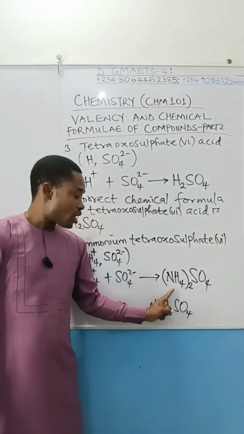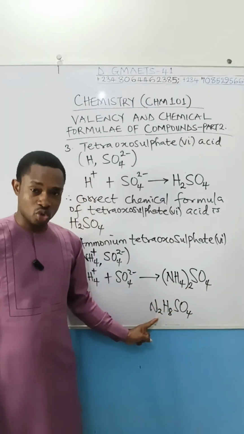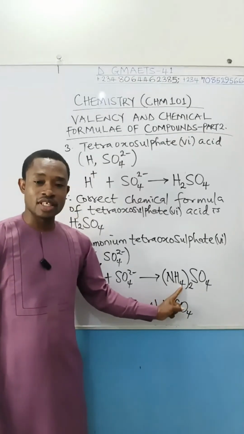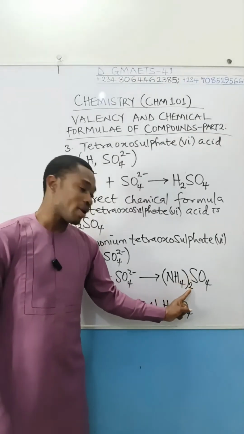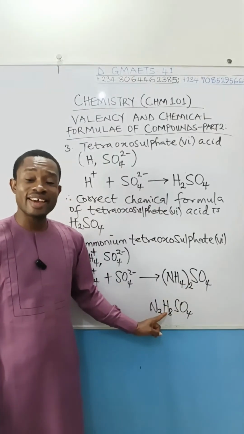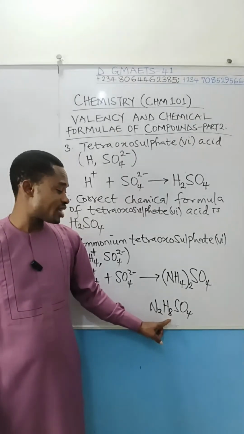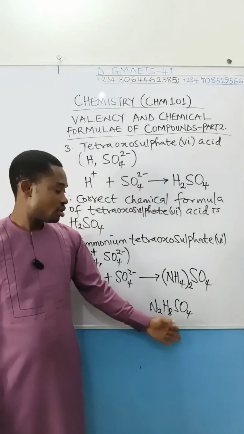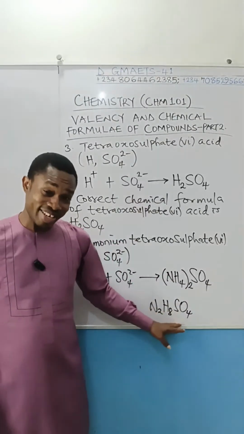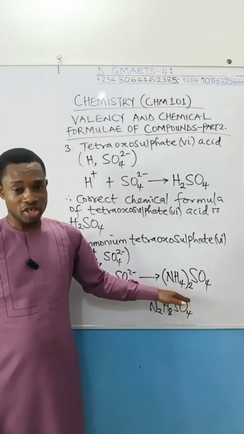That 1 we multiply by 2 to give this N subscript 2. And then this H inside the bracket, the atomicity is 4. It must be multiplied by the number outside, 2, making it 8. That is why you have H with subscript 8. Then SO4. So ammonium tetraoxosulphate 6 could still be written as this, but this is how we write it generally.